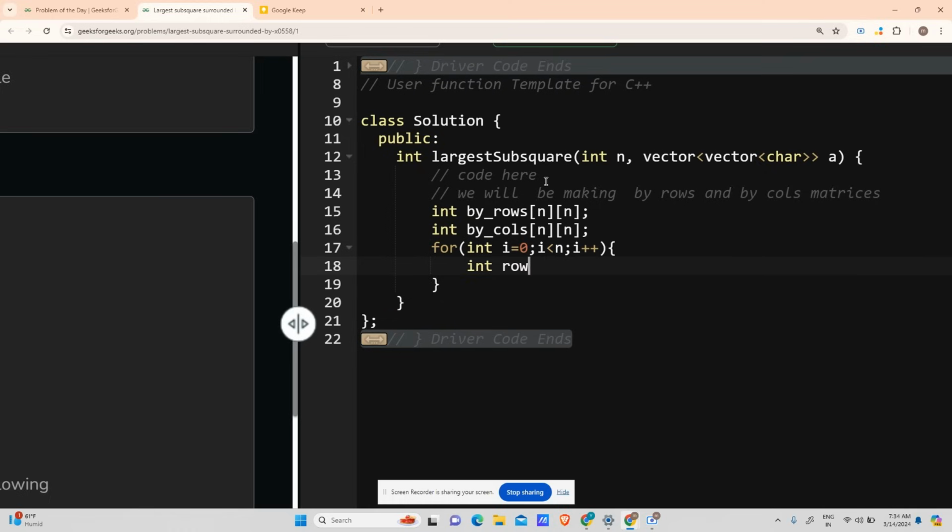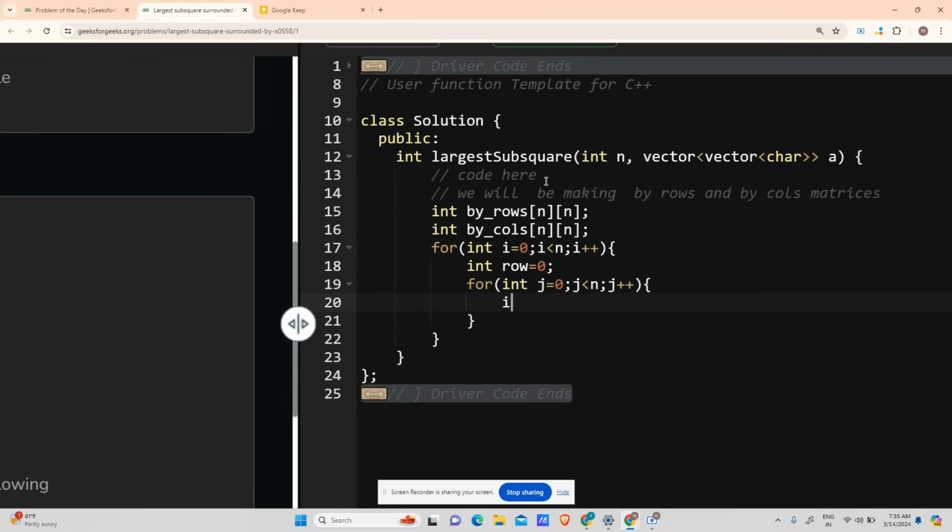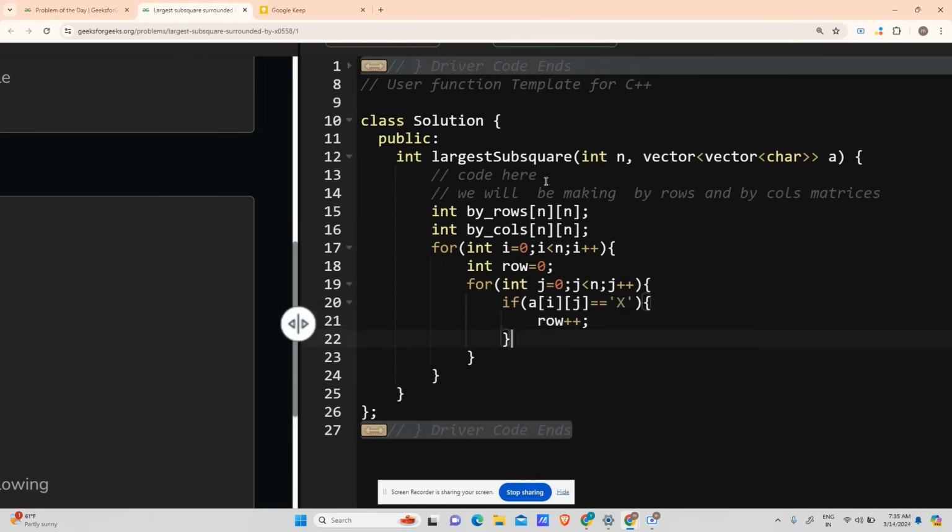Now int row equals to 0. If it is a matrix, if a of i comma j, that is row column. Now first row, then I will do, oh okay, sorry, I will have to initialize the second row first, right? Nested row. So for int j equals to 0, j less than n, j plus plus, if a i j equals to x, in that case row plus plus.